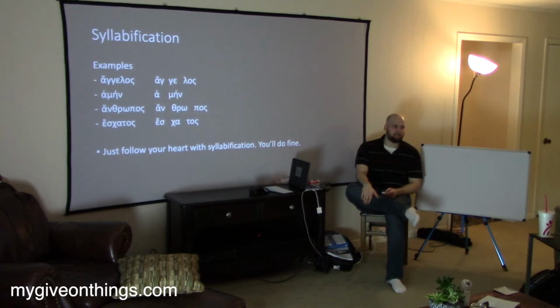Alpha, mu, eta, noon. You know all the letters. So alpha, mu, eta, noon, amen. Amen, amen, lego humin. Truly, truly, I say to you. That's what he's saying there. So, amen.